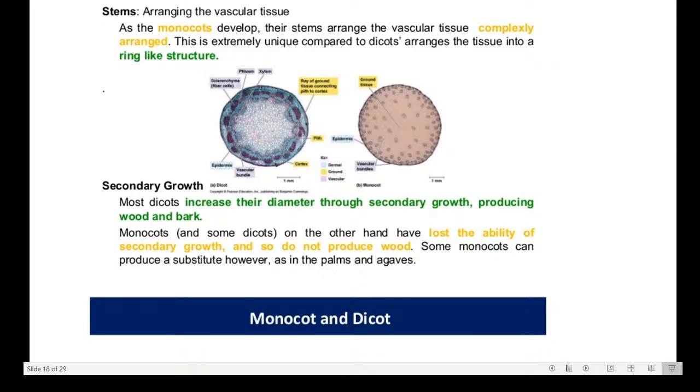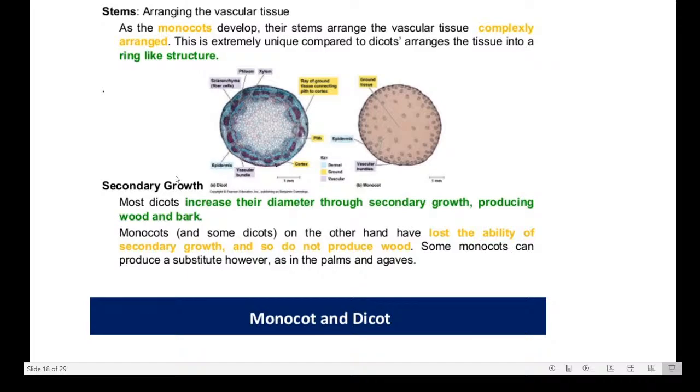If it is a dicot, the tuber cells are there, and the fibrous cells are present inside the sections. The diameter increases by secondary growth, which produces the wood.